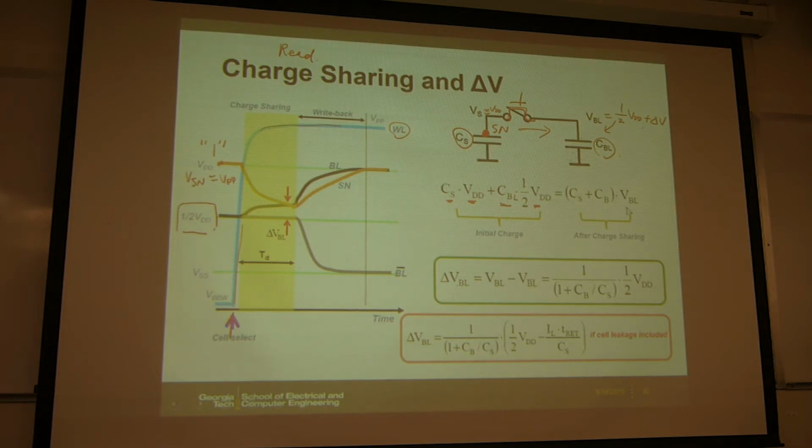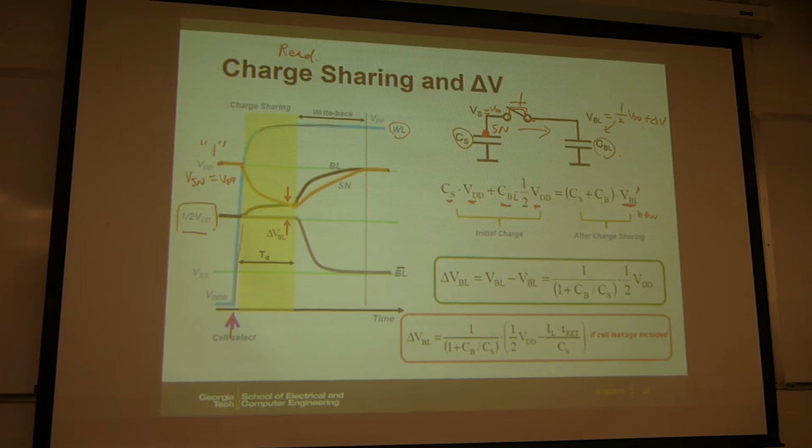So that means this VBL prime, or VBL new, will have the same potential here and here. So then the charge will be Cs times VBL prime plus CBL times VBL prime. This VBL prime is the new VBL after the word line is turned on.